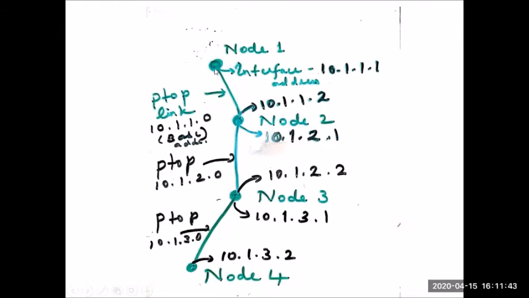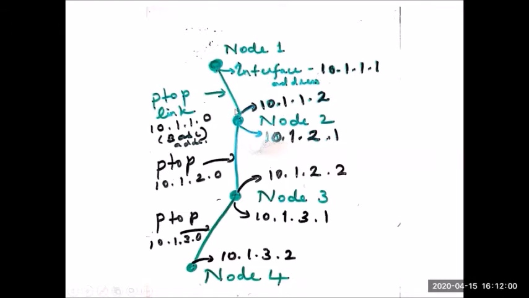Next, in every node we will install net devices, or network interface cards, and interfaces. Every interface will be allocated an address. So please understand this addressing here.